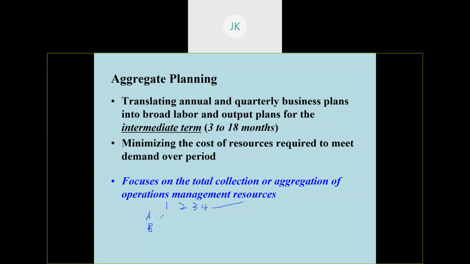If type A needs 100 parts in the first week and type B needs 200, then 300 the second week for type A, let's say 100 again, and then 200, 200, 300.